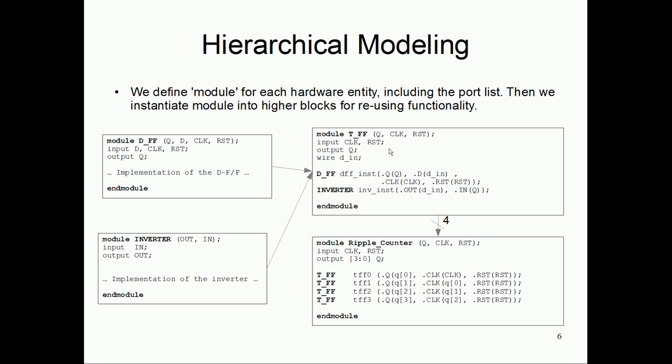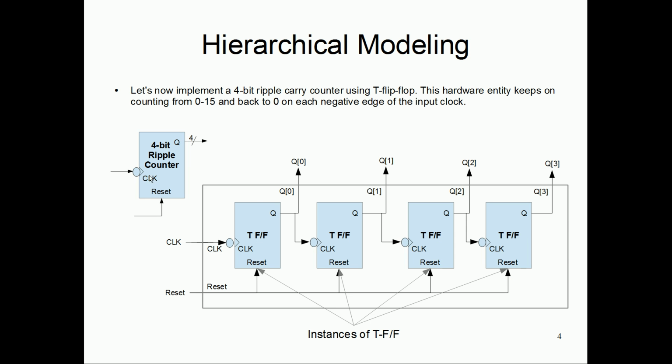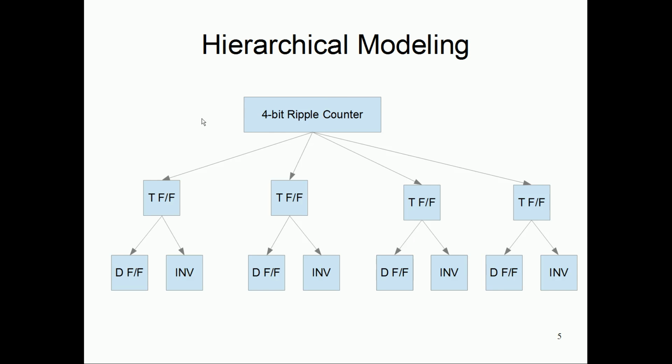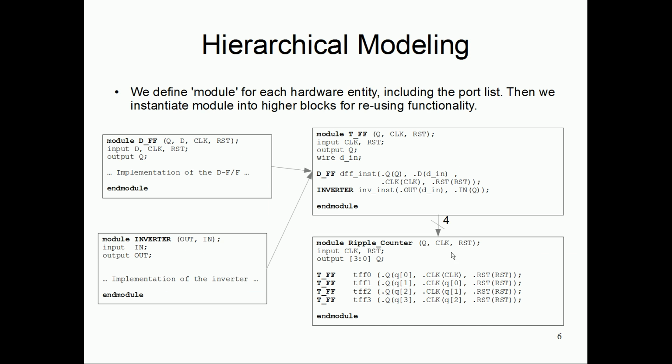And once we have this entity defined, we define a ripple counter module, the entity ripple counter, whose ports, as we recall, are clock, reset, Q, but Q in this case is 4 bits. So let's see how we define it. Input is clock and reset. Output is Q, but we have a special notation here.